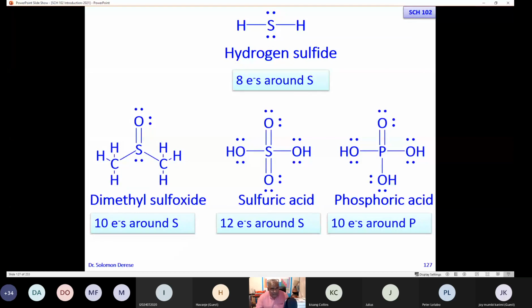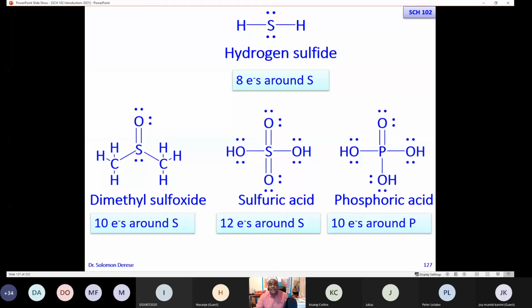But if you have elements further than group 2, elements in group 3, 4, etc., in these periods of the periodic table, in addition to the S and P subshells, we also have the D subshell, which has to be filled.